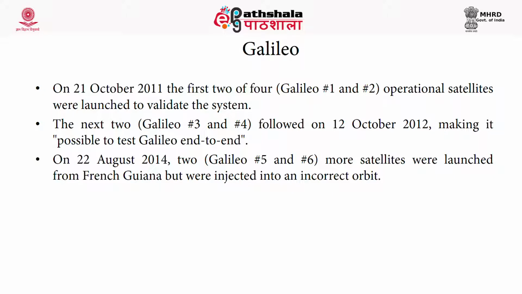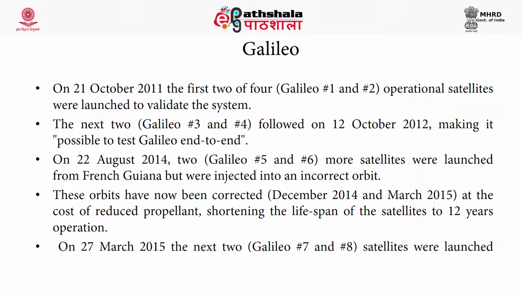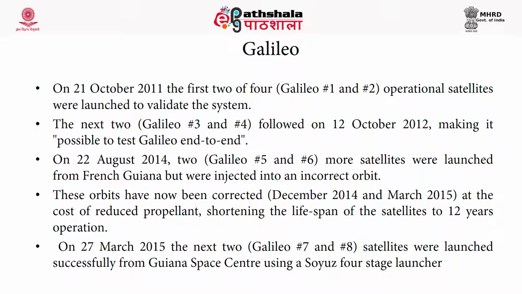However, these orbits have now been corrected at the cost of reduced propellant, thus shortening the lifespan of these satellites to 12 years. On 27th March 2015, the 7th and 8th satellites were launched successfully using a Soyuz launcher.